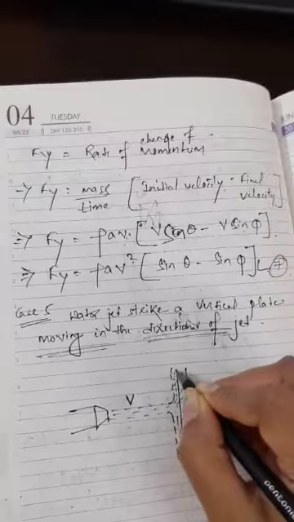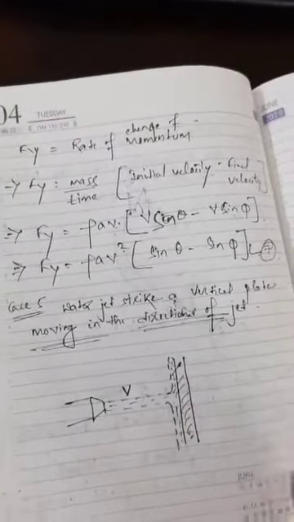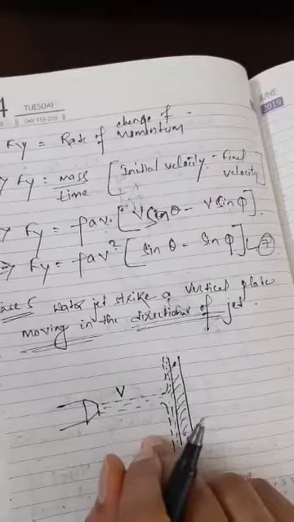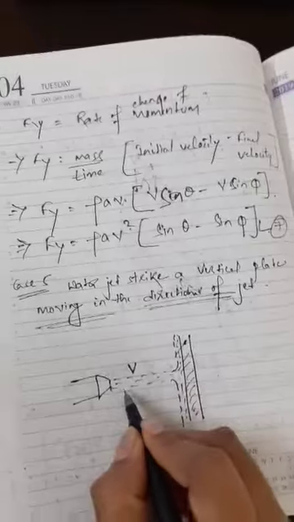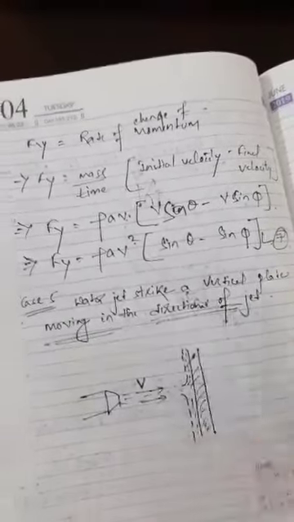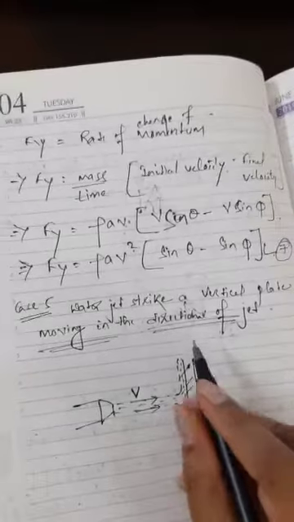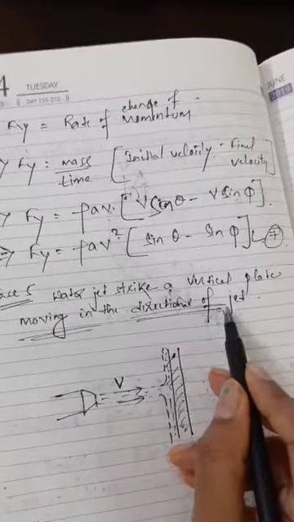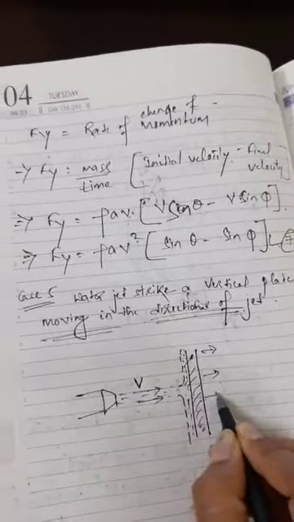That means it will completely change its path by 90 degrees and move in the y direction. But now the case is, along with the water that is flowing towards the plate, the plate is also moving, and the direction is in the direction of the jet. Means the plate is also moving in this direction.